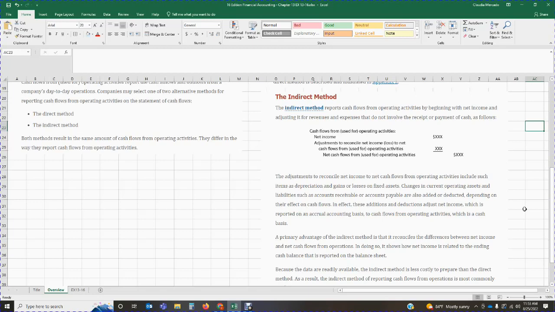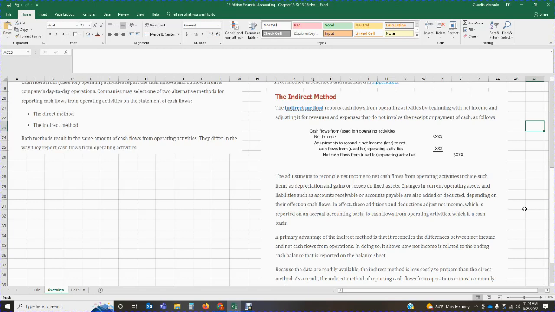Okay, we know net income because we do prepare our income statement. Okay, adjustments to reconcile net income or loss to net cash flows from or used for operating activities are listed, and then we can calculate the net cash flows used for operating activities. Okay, there are a variety of adjustments that happen, and we're going to go through those adjustments in the problem that we're going to be covering.